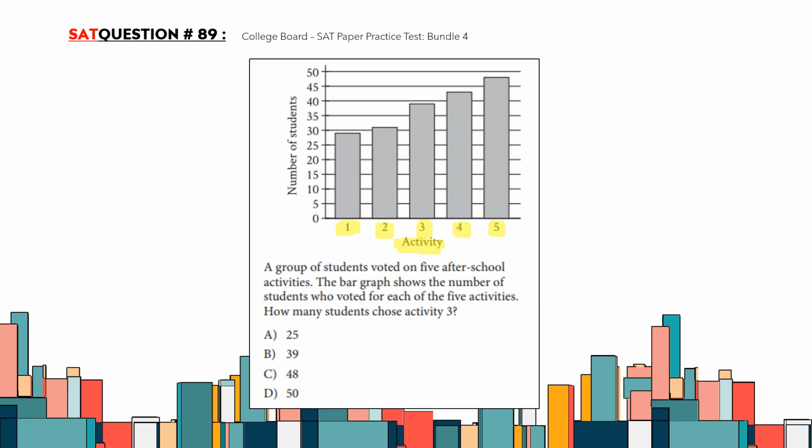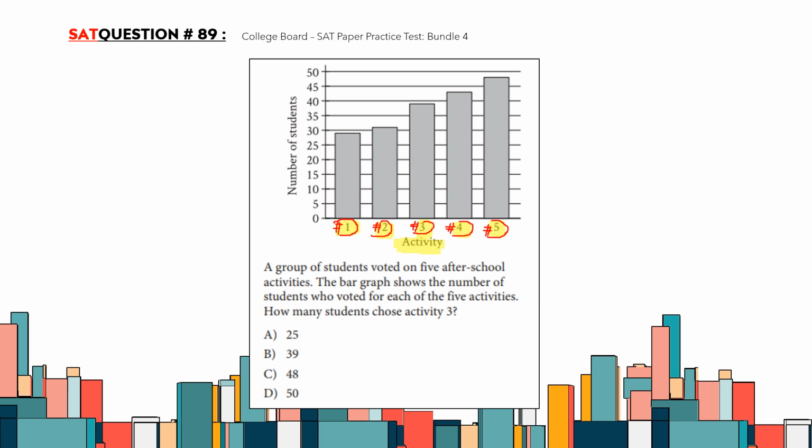Namely, activity number 1, activity number 2, activity number 3, activity number 4, activity number 5. This is the name. The name is numerical, so don't confuse it with the counting numbers.